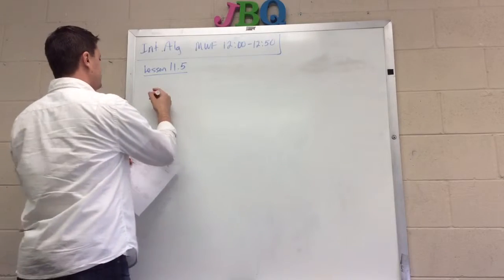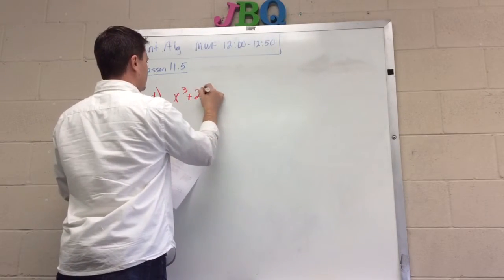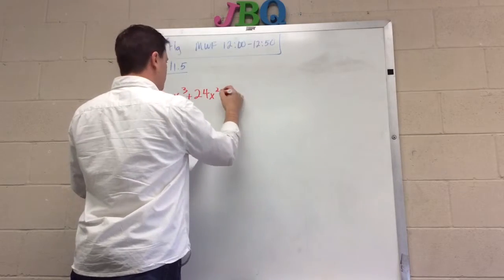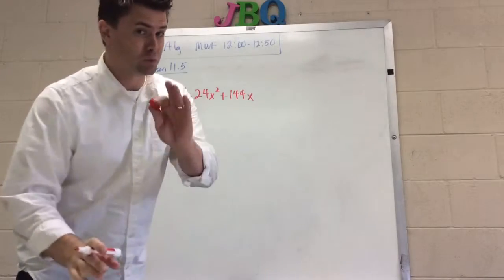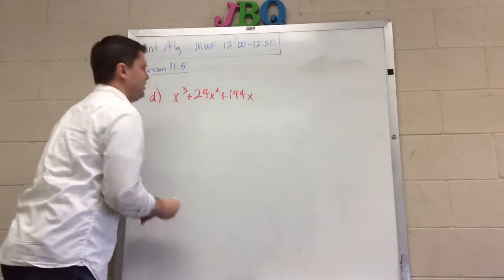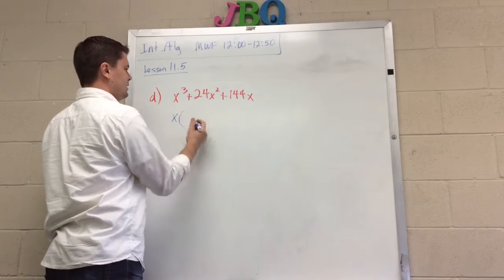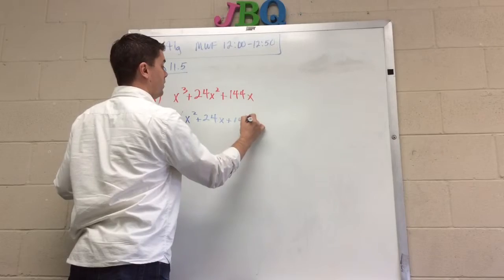Example number D. Example D is x cubed plus 24x squared plus 144x. Again, first rule: factor out the GCF if there is a GCF that can be factored. So we take out the x here. That gives us x times (x squared plus 24x plus 144).